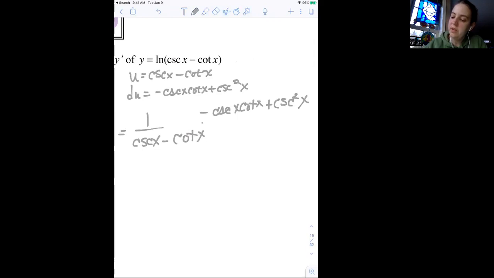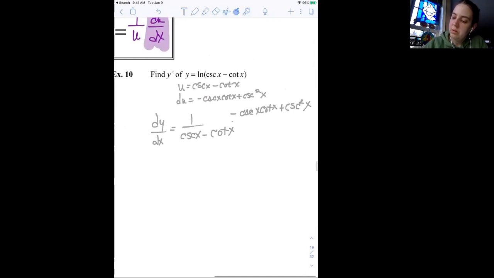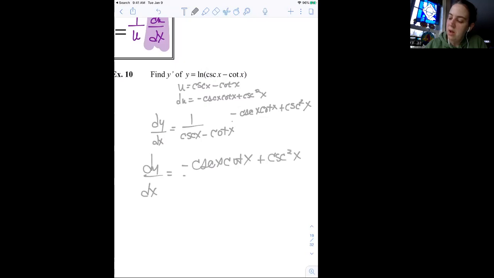Let's see, is there anything we can do to make this look nicer? Let's check it out. dy/dx is negative cosecant x cotangent x plus cosecant squared of x all over cosecant x minus cotangent x.